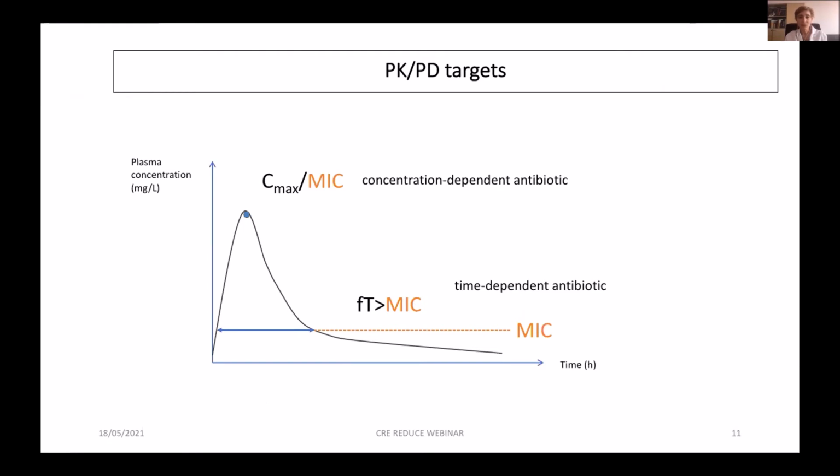As you all know, minimum inhibitory concentration is one of the major determinants of the PK/PD targets, whatever the antibiotic considered. For concentration-dependent antibiotics, it's the maximal concentration above the MIC, whereas for time-dependent antibiotics, it's the time the concentration remains above this MIC.